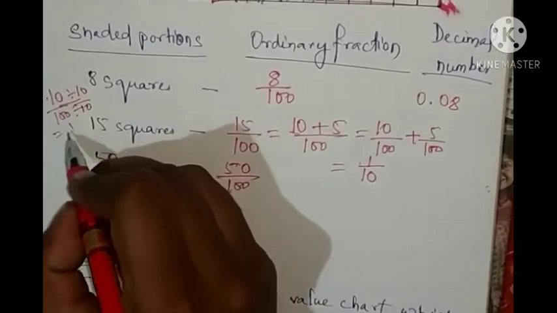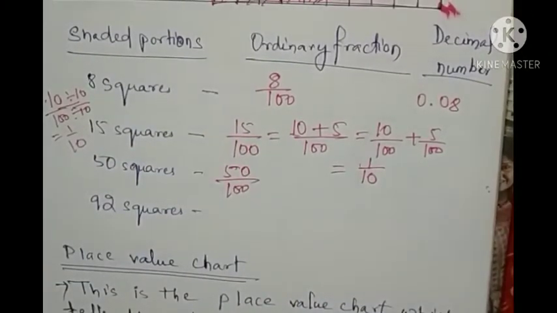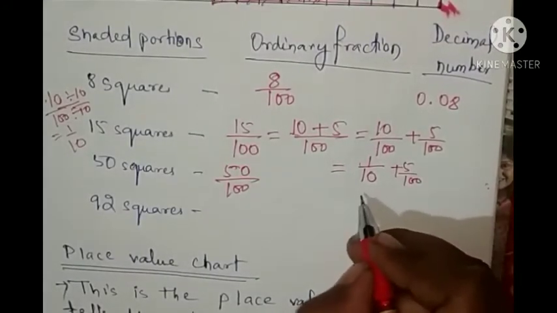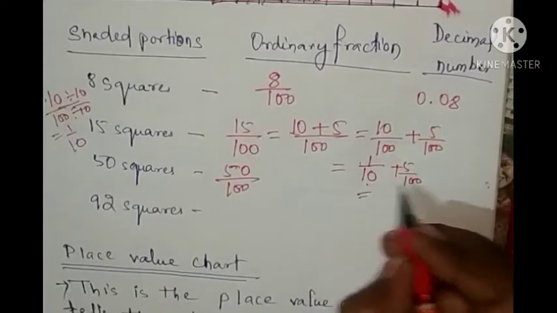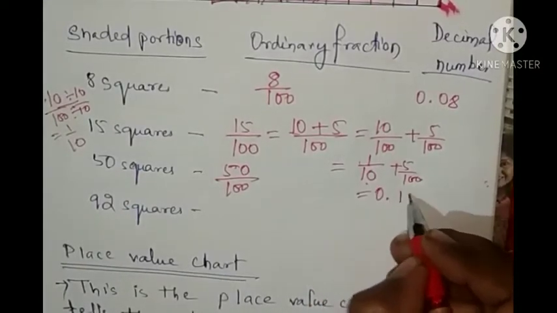If we divide the numerator and denominator by 10, you will get 1 by 10 plus 5 by 100. So what can you write? Here the 1/10 part, the 10th part, and this one is the 100th part, so 0.15.